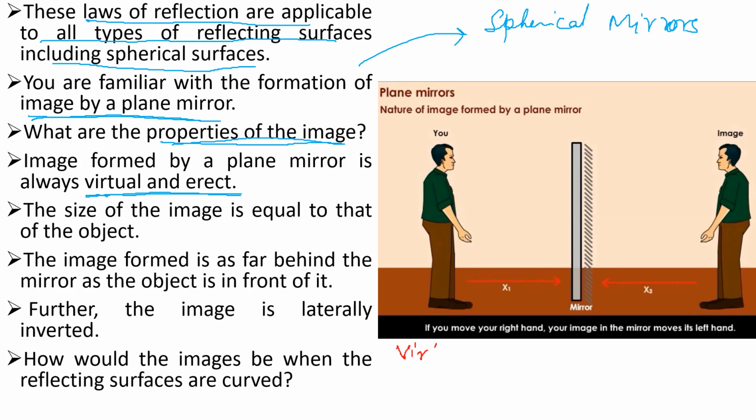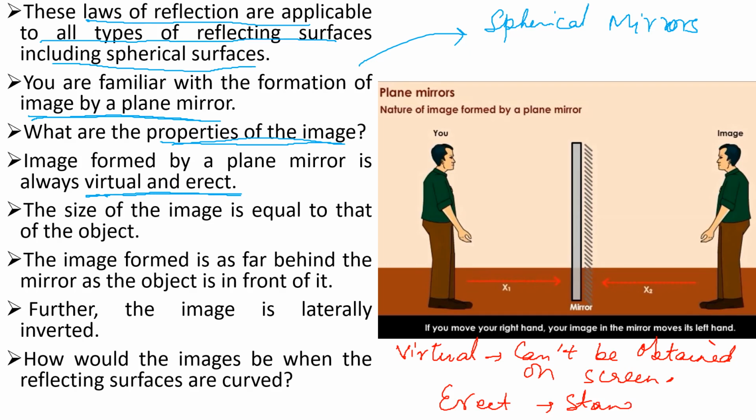Virtual means can't be obtained on screen, and erect means standing upright. With a simple figure, if I say this is my candle burning, so its erect figure is this same kind of figure.